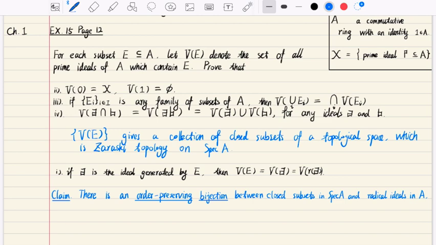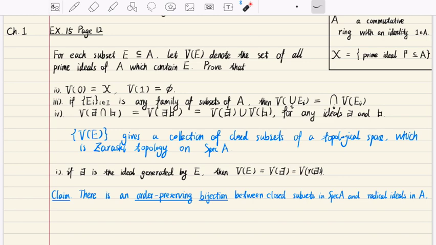But you can still think how to make it a bijection. We choose a subset of the set of all the subsets of A and also a subset of the set of all the subsets of the spectrum, and just take the radical ideals and the closed subsets, and maybe we can get a bijection. And in fact, we have this kind of conclusion.